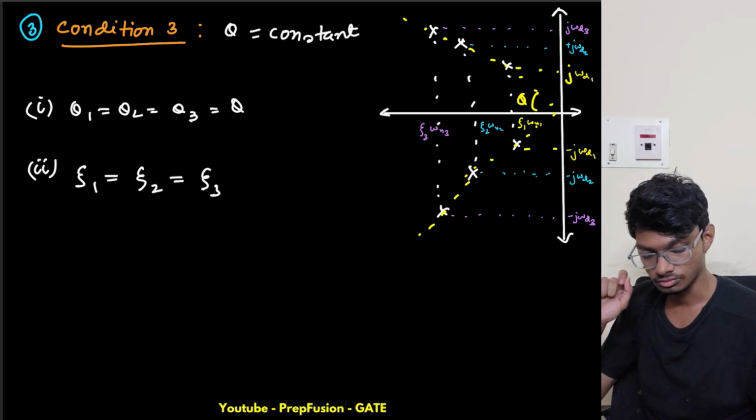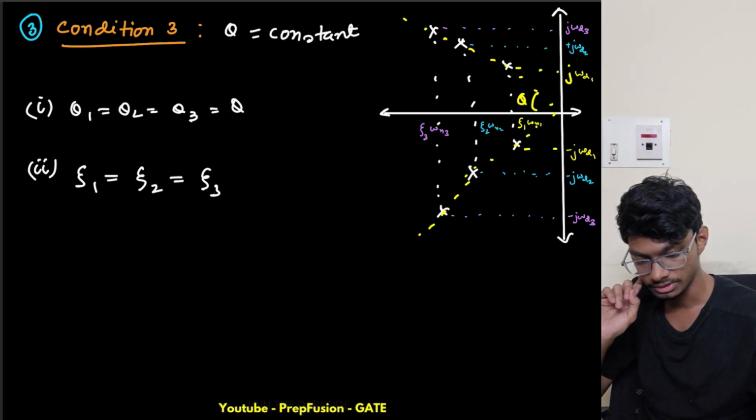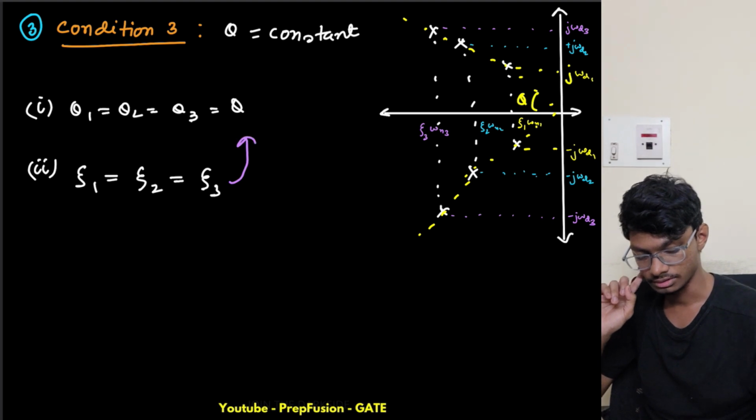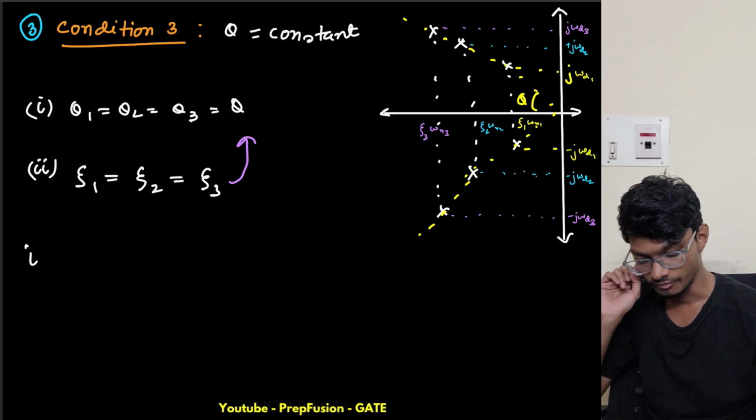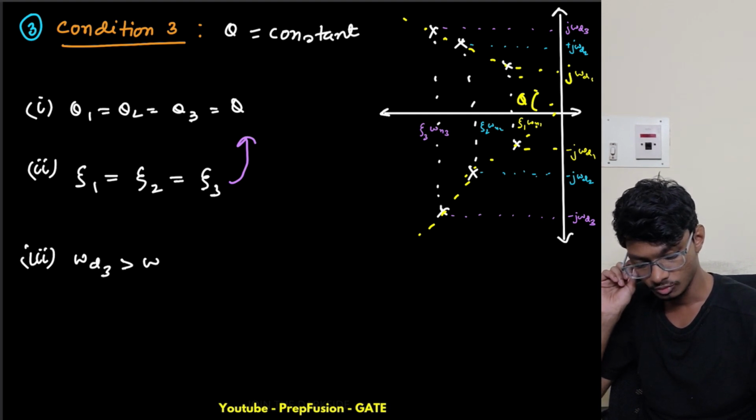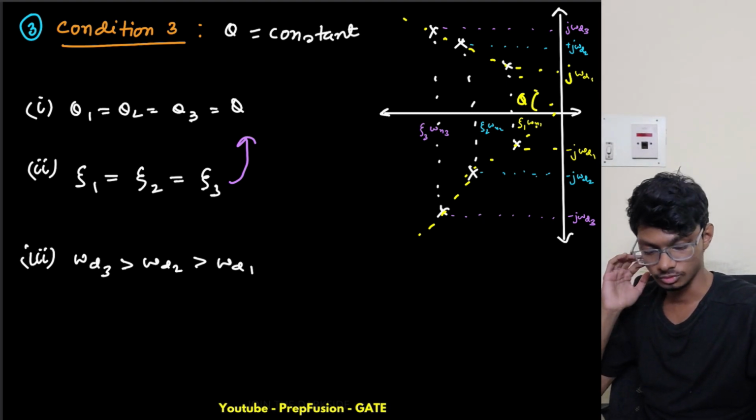Now what about omega d? Omega d will obviously increase. So omega d3 will be greater than omega d2, which will be greater than omega d1.